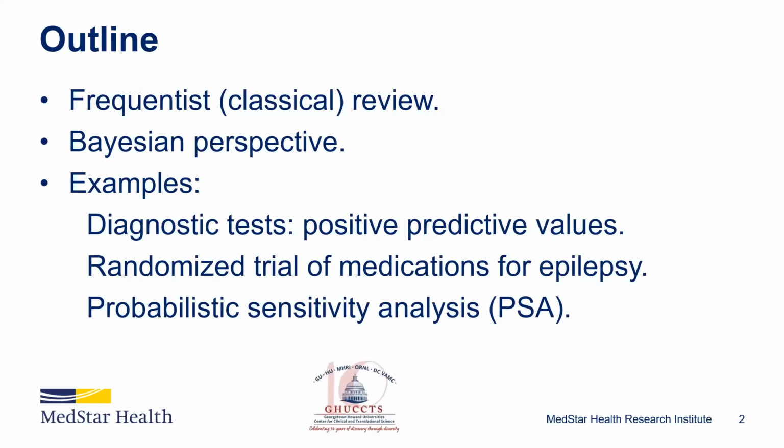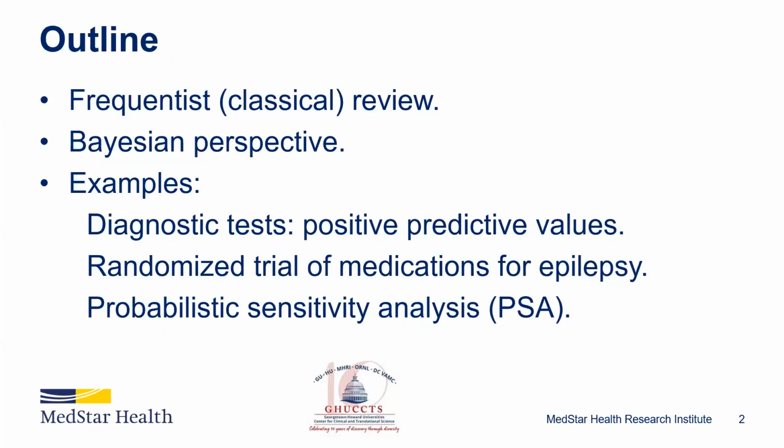And as I thought about doing this, I thought, well, probably the best way to present Bayesian statistics is to look at specific examples rather than to go through the theory. So this is basically going to be sort of a conceptual presentation of Bayesian statistics rather than a computational exercise.